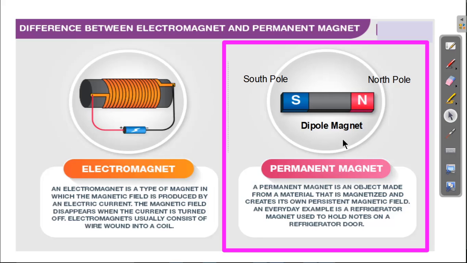If the magnet we create continues to exhibit magnetism after we stop running electricity through it, we call that a permanent magnet. But we have magnets that are only magnets when we run electricity through them. Those are called electromagnets. If we stop running the electricity through them, it stops acting as a magnet.